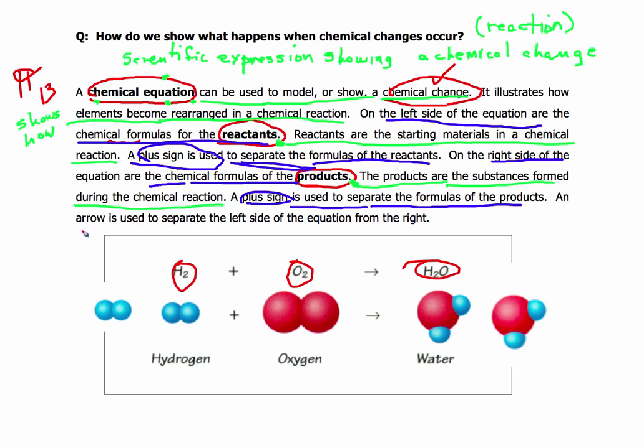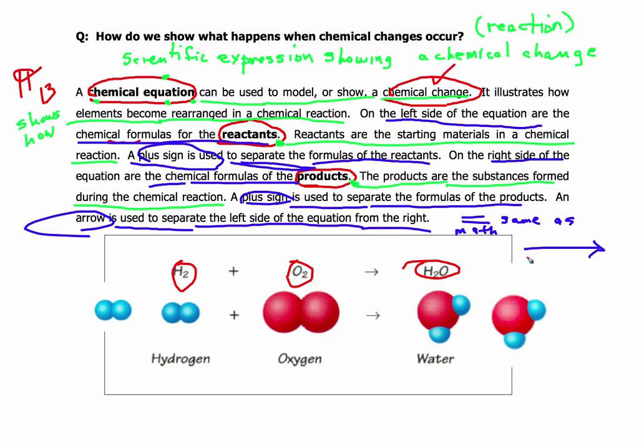An arrow is used to separate the left side of the equation from the right. So in math, you'd use an equal sign. So an equal sign in math would be the same as an arrow in science.